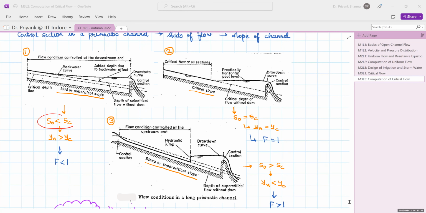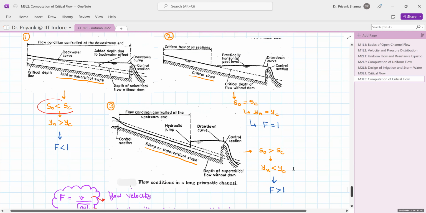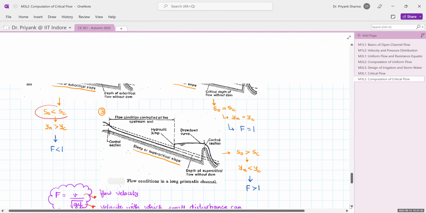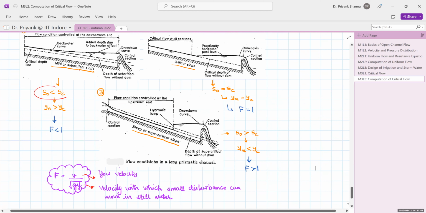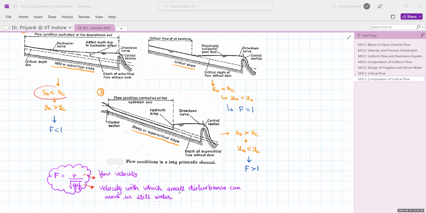Now we can also define these flow conditions based on the Froude number. As we have seen, the Froude number is the ratio of the flow velocity, that is v, upon the square root of gy, that is the velocity with which small disturbances can move in still water. So that we also saw in the starting. Now let us say in case of subcritical flow, what are the characteristics?